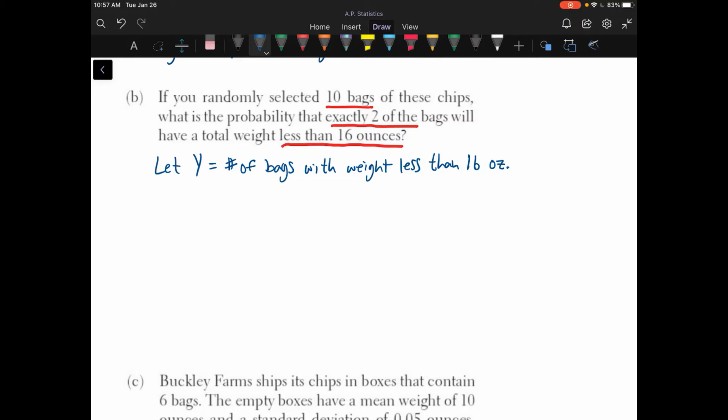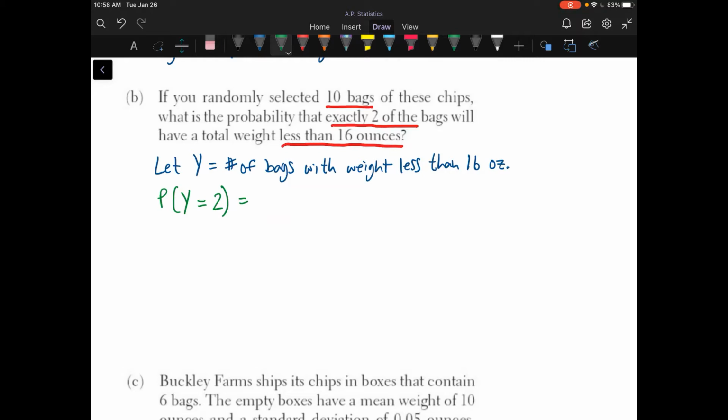So we need to solve the probability that Y equals 2. Since we are choosing from a finite number of bags, we're going to see what's the probability of getting 2 of those 10 that have a weight of less than 16 ounces.